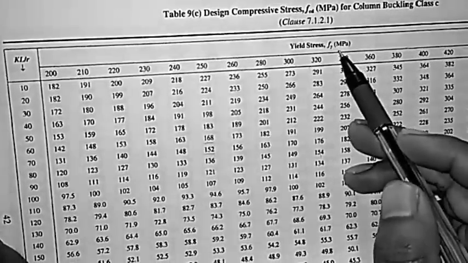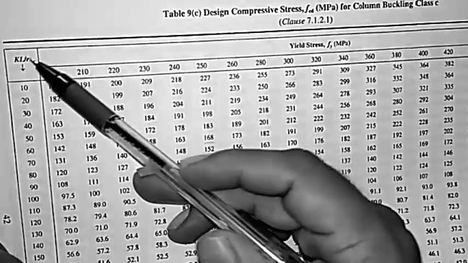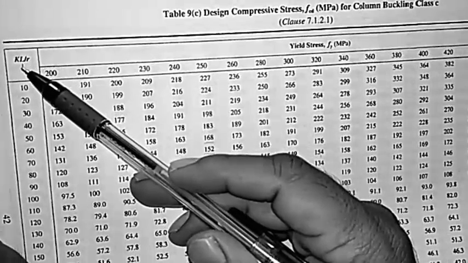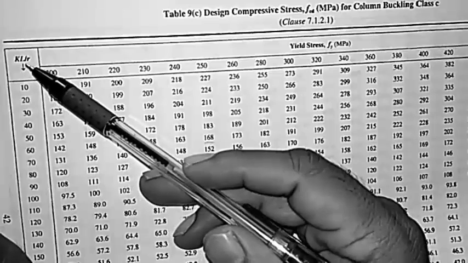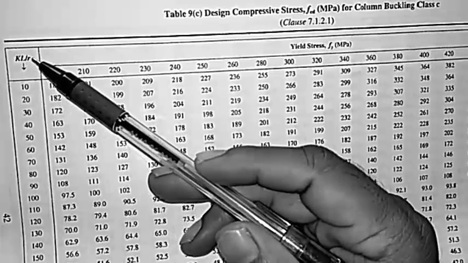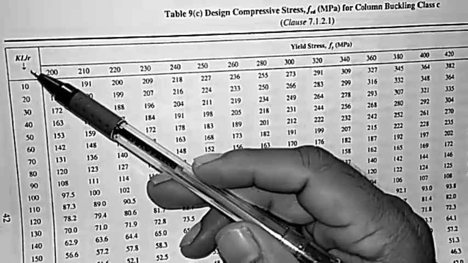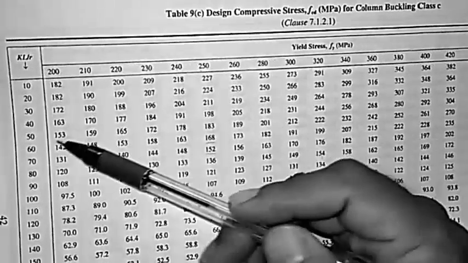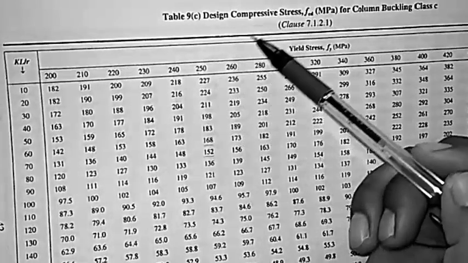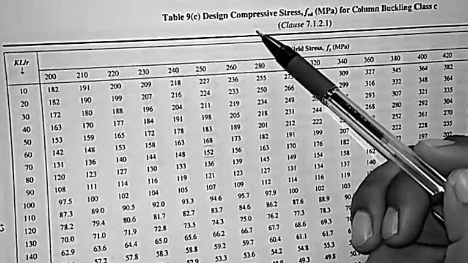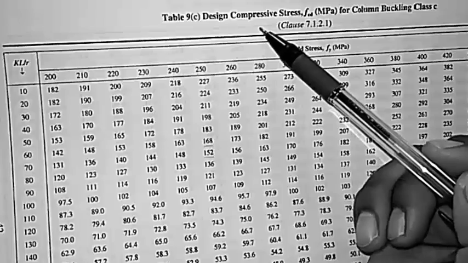So Fy, we have this 250. We need to go through the KL by R ratio. So this KL by R ratio or L by R ratio we need to calculate, and accordingly we need to check this 250, whatever value we need to consider for the design compressive stress, and then we need to multiply it by the area.